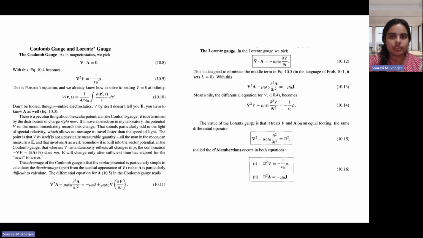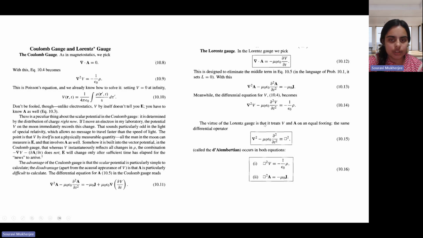So that's why in the Lorentz case you take the condition that the divergence of A is equal to minus mu naught epsilon naught del V del T, right? And if you do that, then you get this simplified expression. This is similar to your wave equation. And again, if you use similar relations, you'll see a similar equation for your scalar potential.